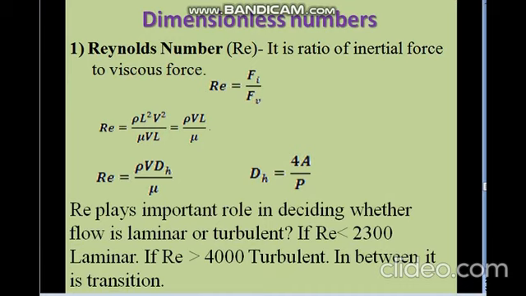Generally for the length scale we write dH, the hydraulic diameter. How is the hydraulic diameter given? Four times area divided by the perimeter. For a circular pipe, dH is the diameter. For other cross sections of a duct like rectangular, we have to use this formula to find the hydraulic diameter.